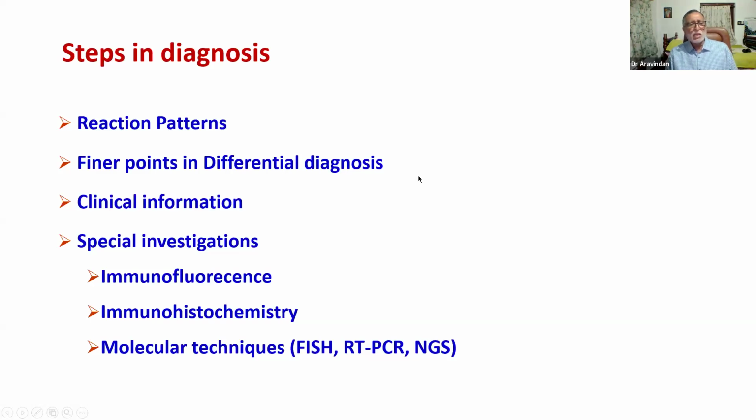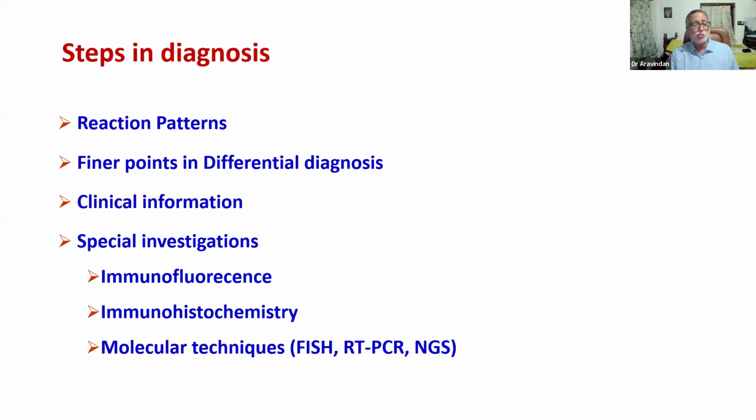So the steps in diagnosis: you go by the reaction patterns first, then the finer points in differential diagnosis. First, you say, okay, this is this reaction pattern. Then you go to the finer points in differential diagnosis. And of course, clinical information is extremely important.